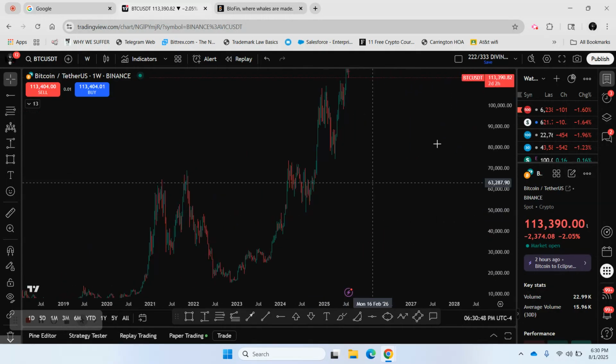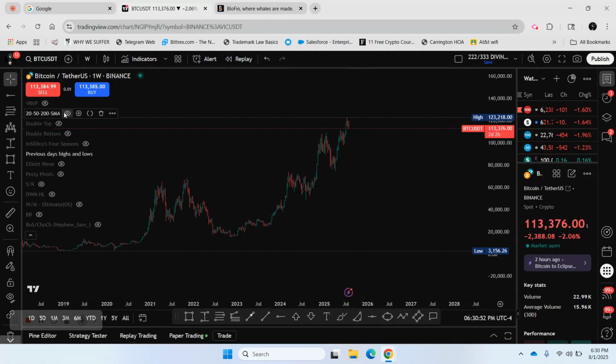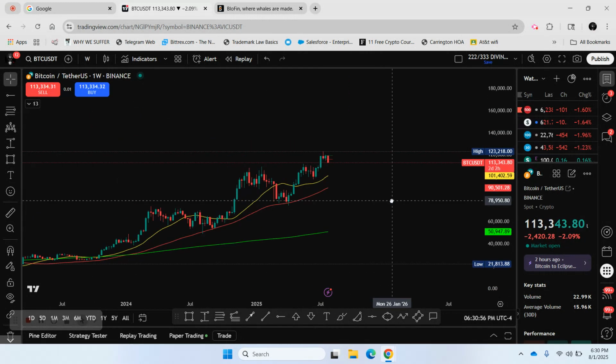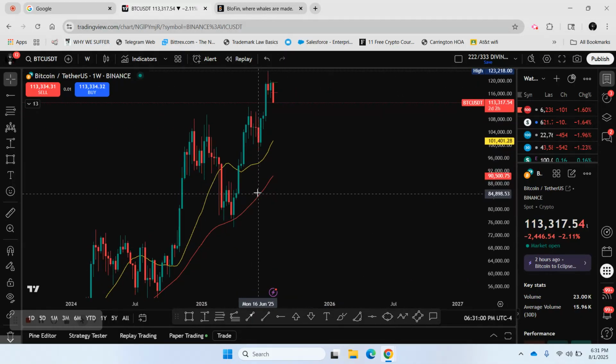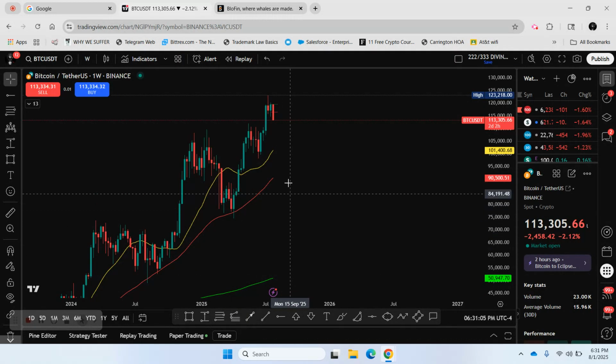Let's see what else is going on if we put on some of our moving averages. Everything's still intact as far as we're in a bull market. Of course, we're above all three moving averages. This is the 20, this is the 50, and this is the 200. Now, here's the thing. This is setting up prime.